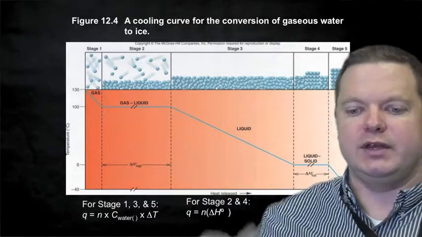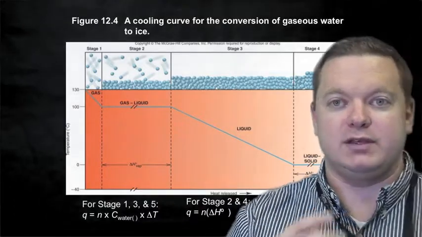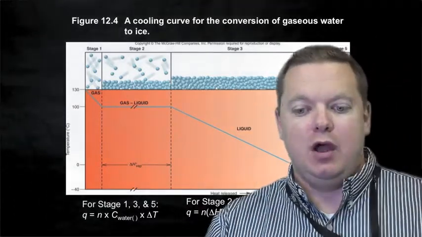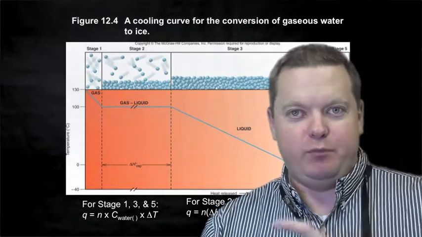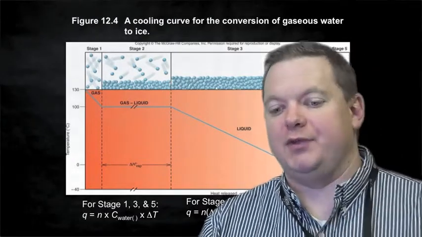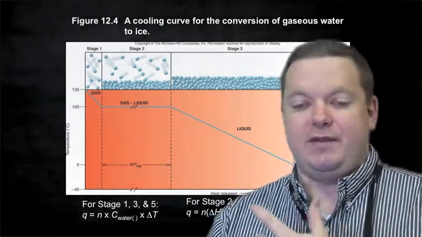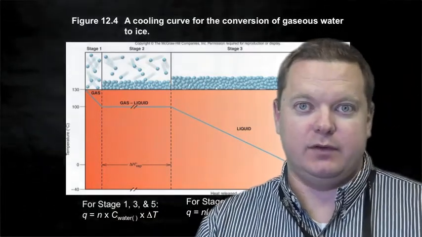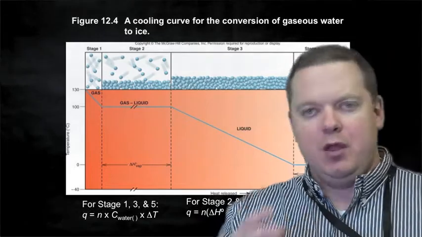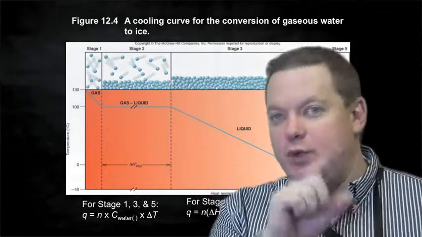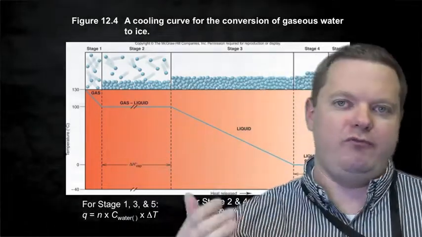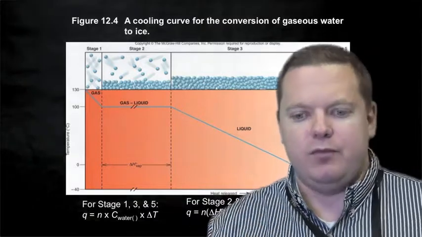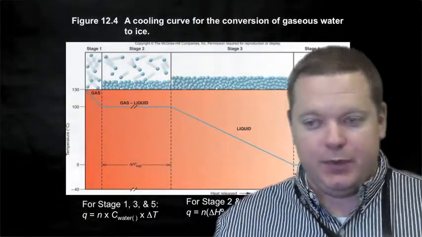There, our Q is dictated by the number of moles present times the delta H of this process. If it's at the boiling point, that's the delta H of vaporization. If it's at the melting point, that's the delta H of fusion. But having these values, we can follow this Q value change through these various steps.